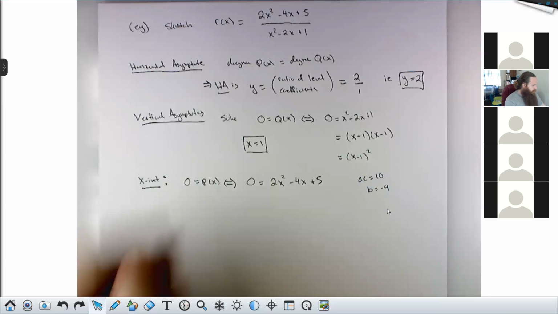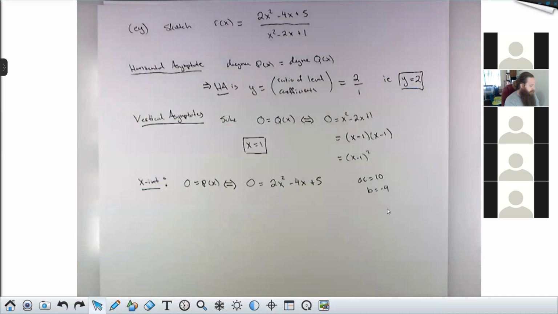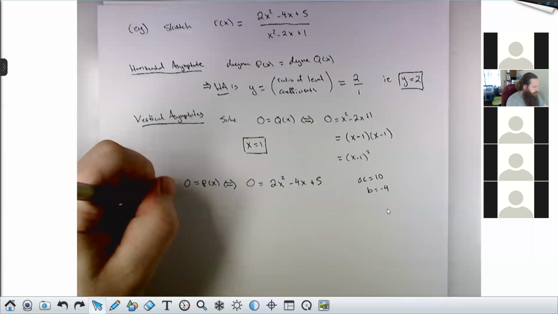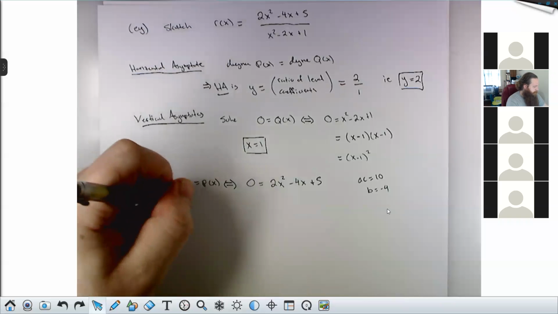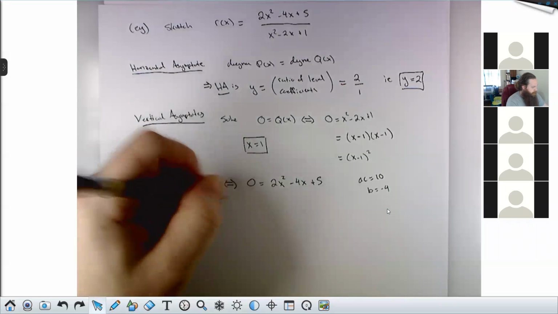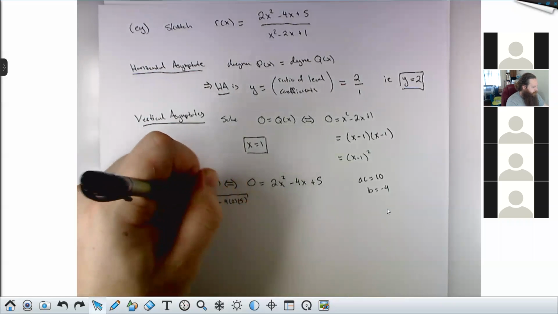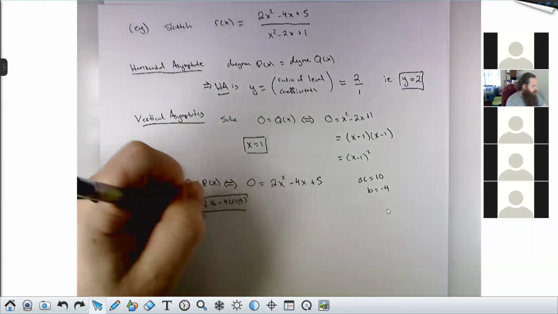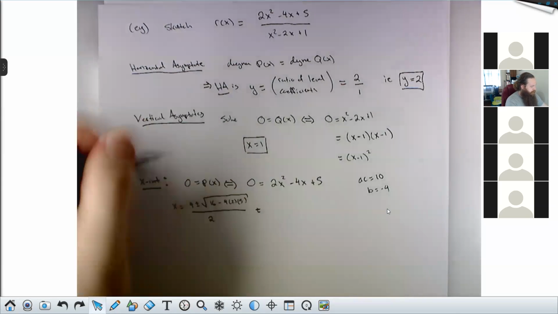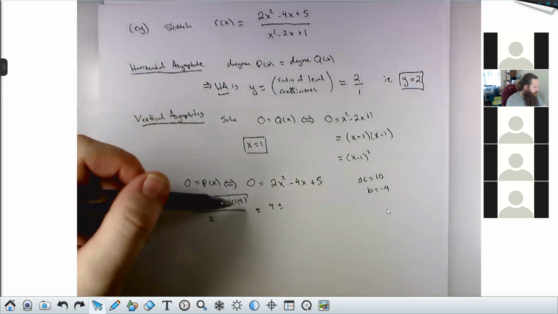So the roots of the top, which are going to correspond to roots of r of x, the x-intercepts here, if they exist, we'll find them using the quadratic formula. It looks like they won't be real numbers. So since they're not real numbers, we're not going to stress about them. We'll just say this real quick. This is 4 plus or minus the square root of 16 minus 4 times 2 times 5.